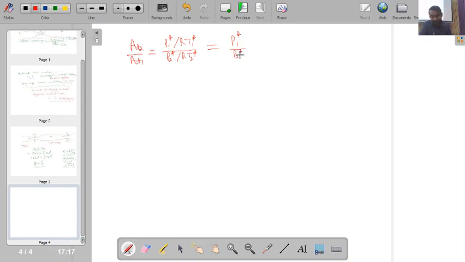Now another important point is that we know that P naught by P is equal to 1 plus gamma minus 1 by 2 M squared, whole power gamma by gamma minus 1.